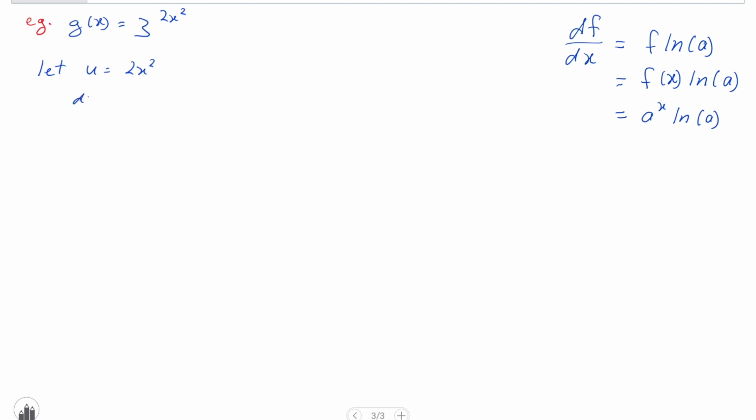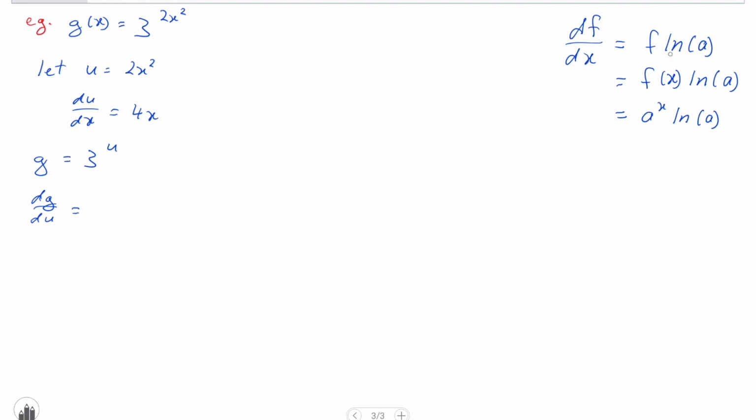That means du by dx is equal to 4x, just like that. Okay, fair enough. That means that my function g is equal to 3 to the power u. Now, I need to find dg by du, which is equal to what?